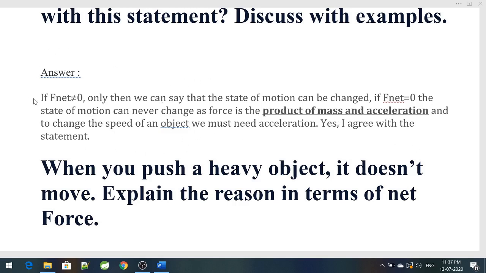So always keep this in mind: when the net force is not equal to 0, the state of motion can be changed, and if it is equal to 0, the motion can never change.